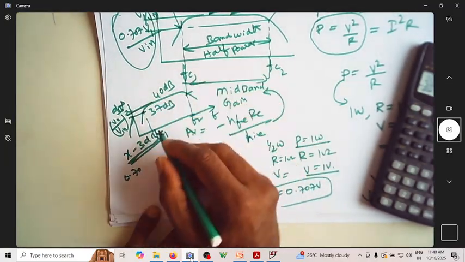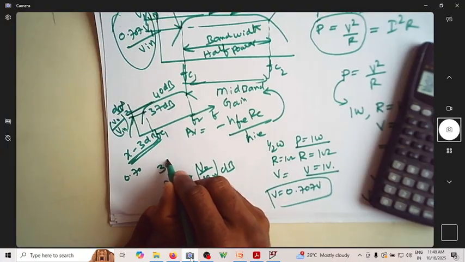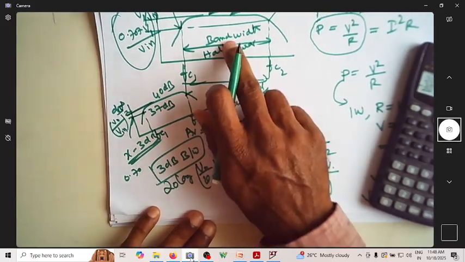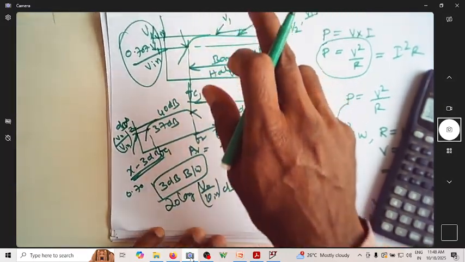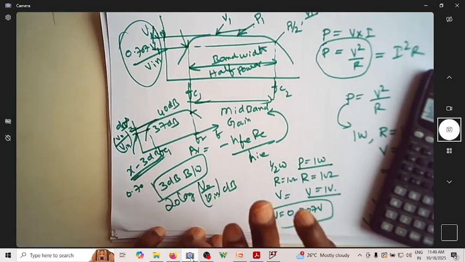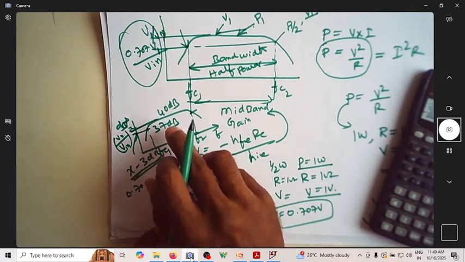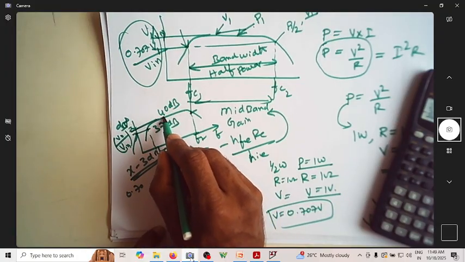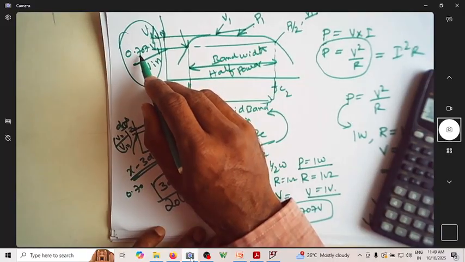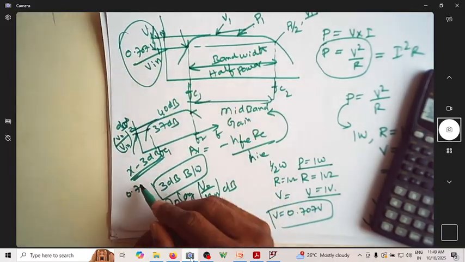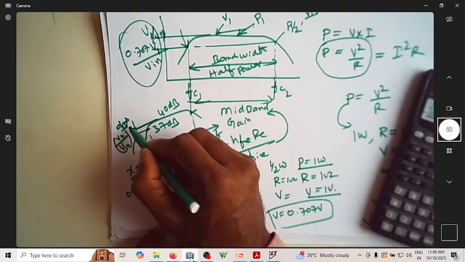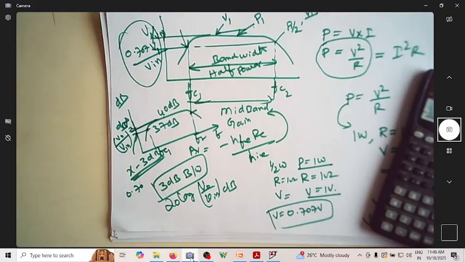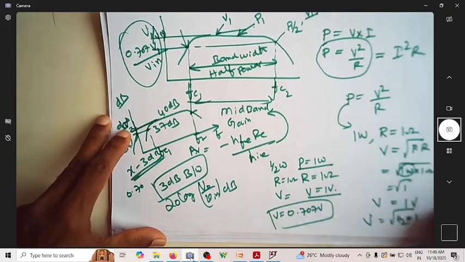So this is also called the 3 dB bandwidth. Half power bandwidth is the same as 3 dB bandwidth. Why is it called 3 dB? It is 3 dB down from the maximum point. So this is 40 dB. Instead of 0.707, look for where it is minus 3 dB if the y-axis of the graph is in dBs.